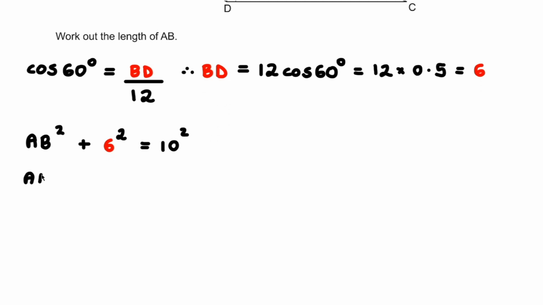So we've got AB squared equals 10 squared, subtract 6 squared, so that's 64. And therefore, AB is equal to the square root of 64, which is 8.